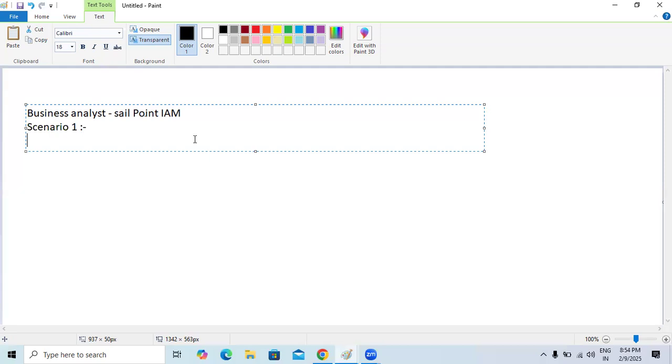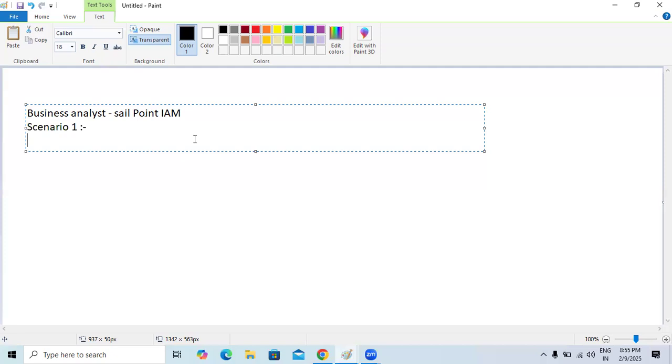When we want to set up SailPoint for any organization, or we are configuring something, how are we going to explain the key benefits of using SailPoint, especially in an enterprise environment? That is something anybody can expect from us. So if we are doing an implementation, what are the key elements that we need to focus on?